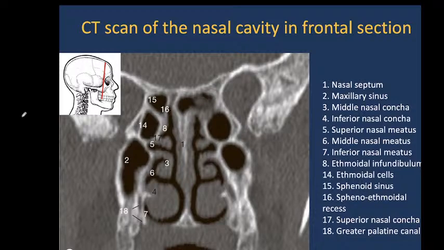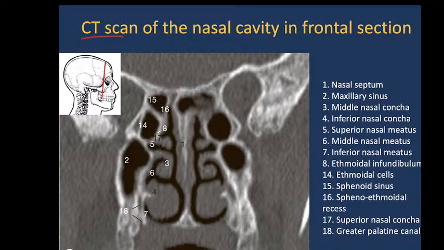Let's see the first image here. That is CT scan. I will use the abbreviation. CT scan means computed tomography scan or image, which was made in frontal section through the nasal cavity.